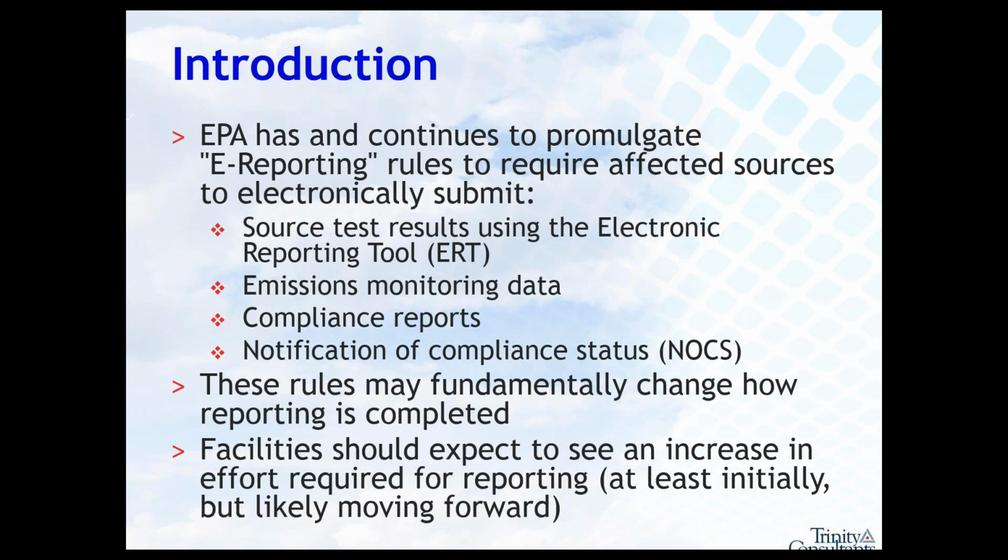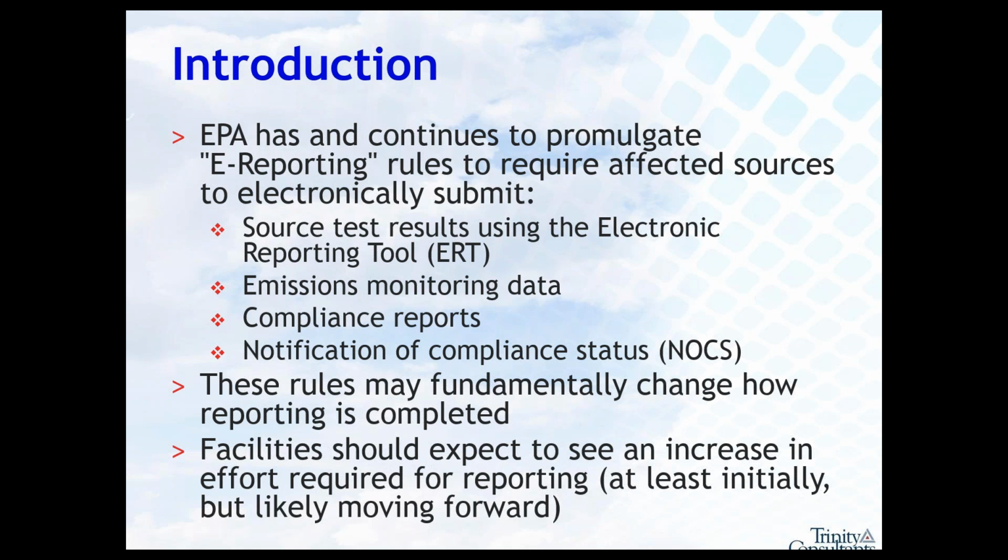So EPA continues to propose rules that require electronic reporting. And these generally affect both New Source Performance Standards, or NSPS, and MACT standards, or National Emission Standards for Hazardous Air Pollutants. The rules can require a variety of different things to be submitted.